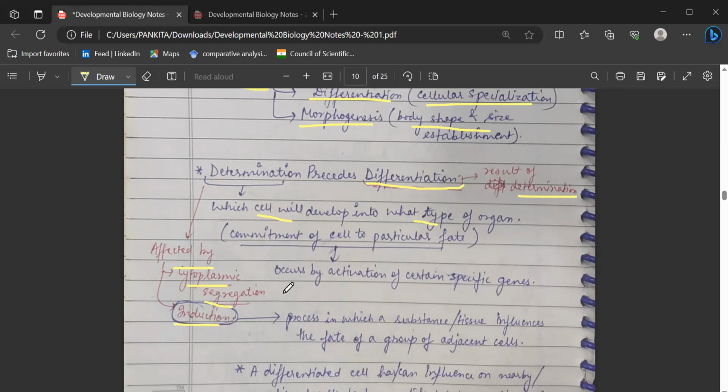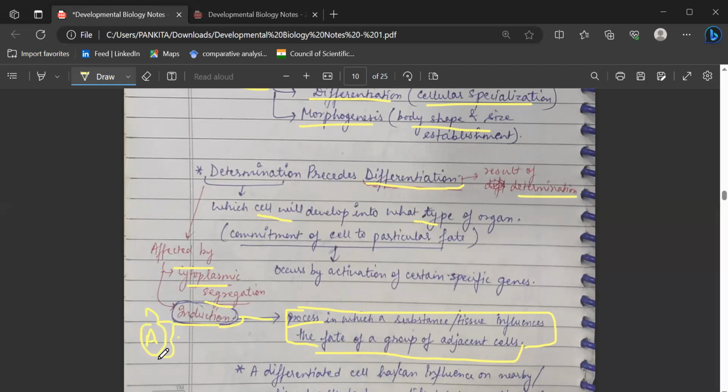Induction is the process in which a substance or tissue influences the fate of a group of adjacent cells. So what kind of fate does the adjacent cell undergo after the tissue is there? That is called induction. Just say, for example, A is one kind of cell and it is surrounded by a different kind of cell.